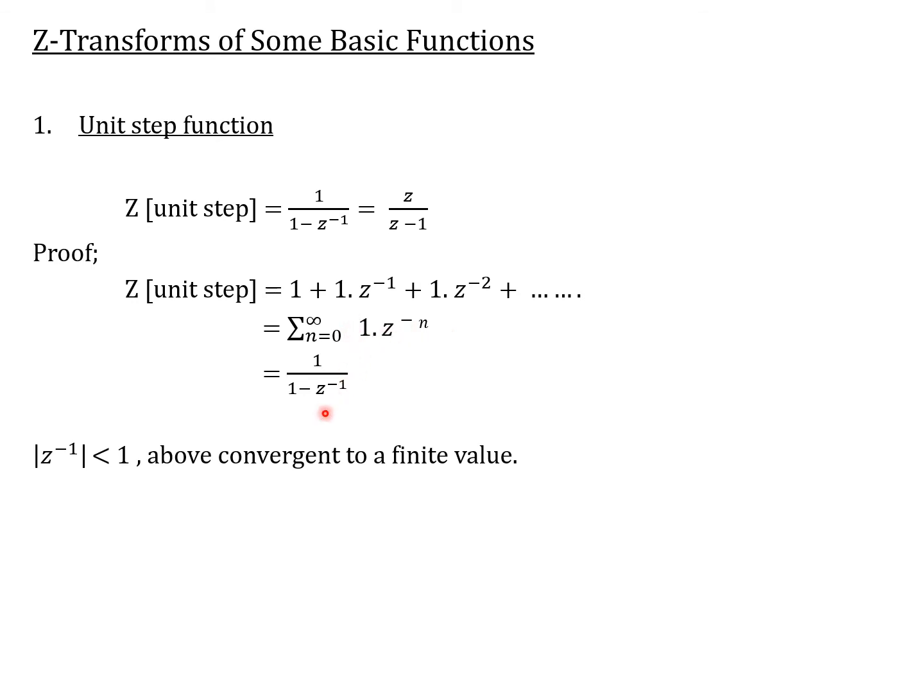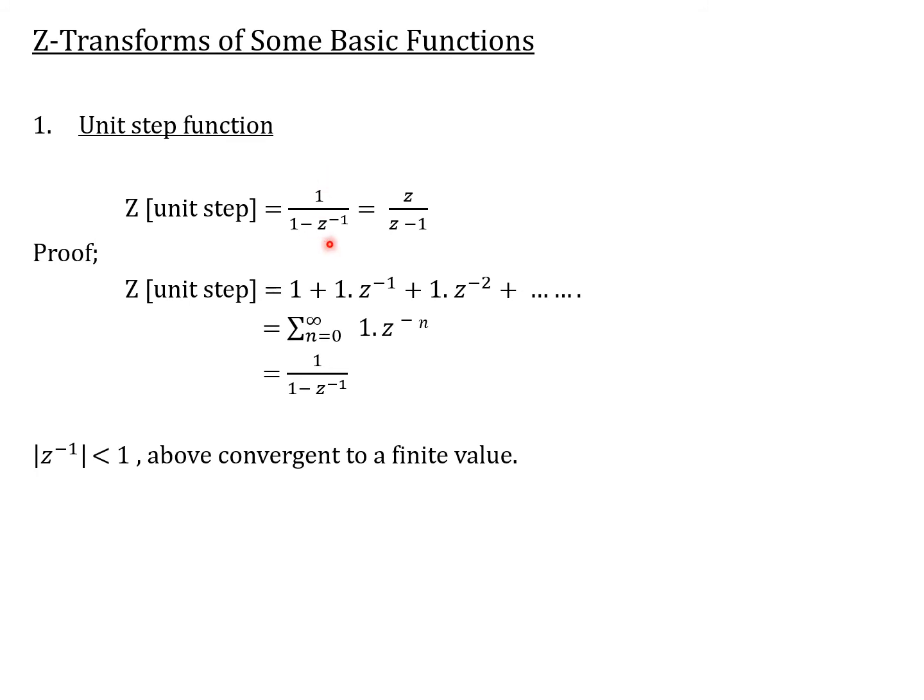If you simplify it using the finite geometric series, you get 1 over 1 minus z to the minus 1, which applies as long as z to the minus 1 has a finite value. So the unit step is just this. This is how you formulate the unit step, and that itself is already the Z transformation. Very simple. You can put it either in this form or in this form. There are two ways of putting the Z transformation, either in z to the minus 1 or in z.